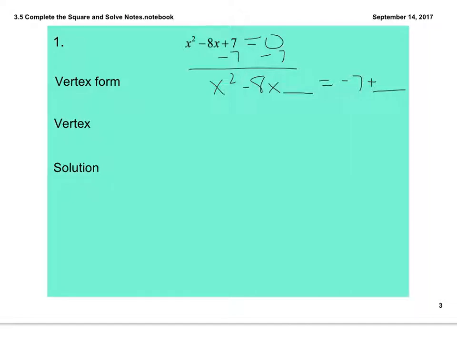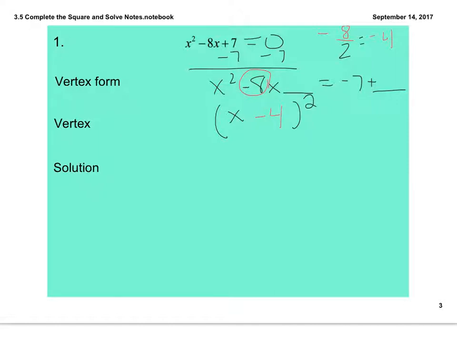Now, if you'll remember, we're going to take our b term, our minus 8, and we're going to divide it by 2. I'm going to do that over here. So minus 8 divided by 2, that's equal to negative 4. That means my perfect square is going to break down to x minus 4 quantity squared.